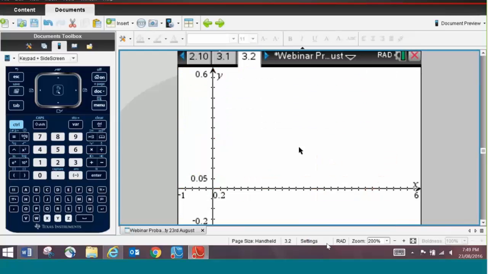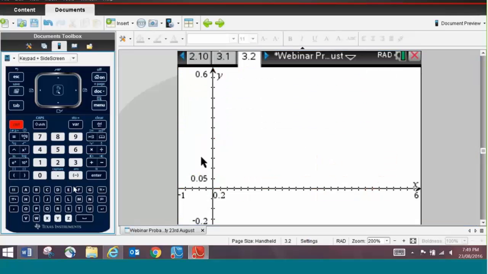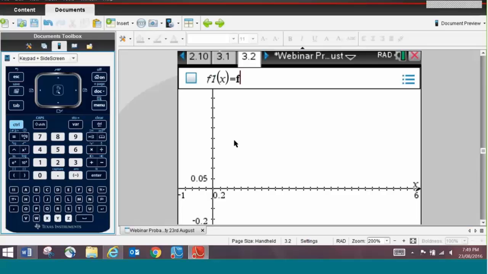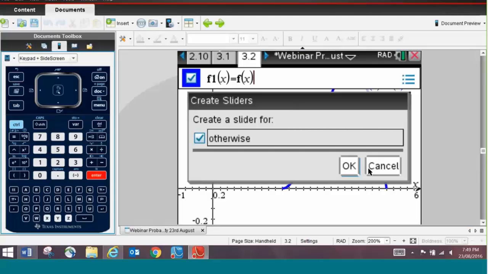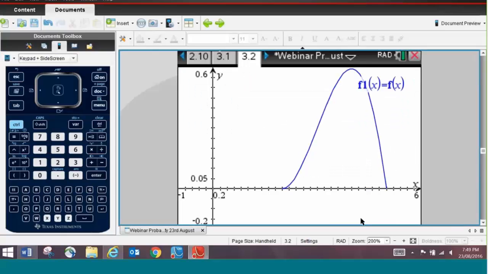So let's have a look first of all at f of x. If I put in f of x, notice that it's gone bold because I've already defined it. Here it is, and we can see that it is defined just between 2 and 5, the curved part, and it's 0 elsewhere.